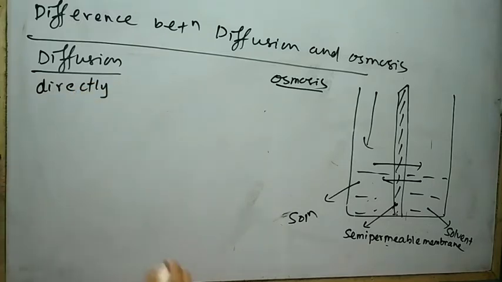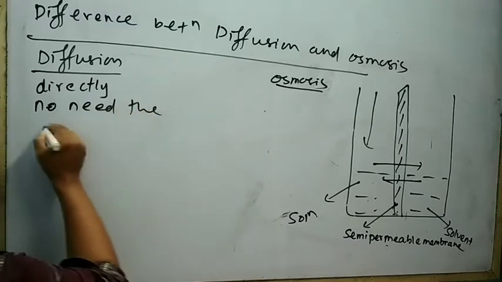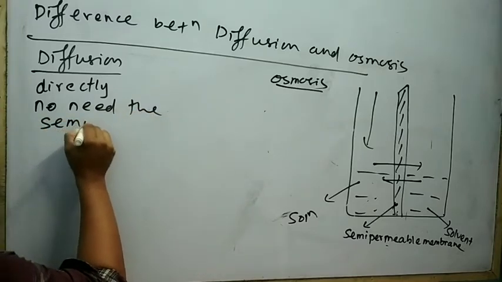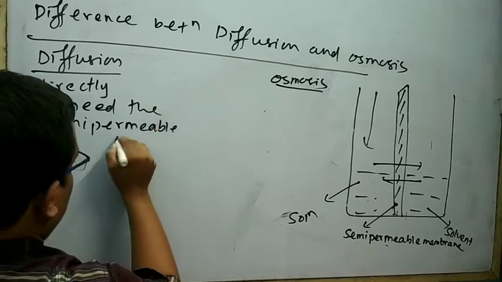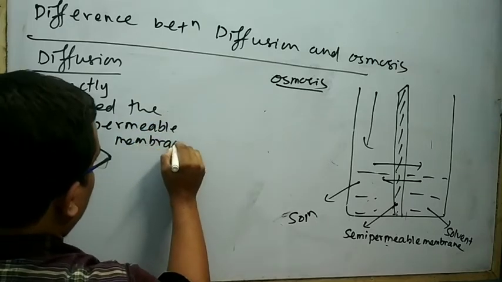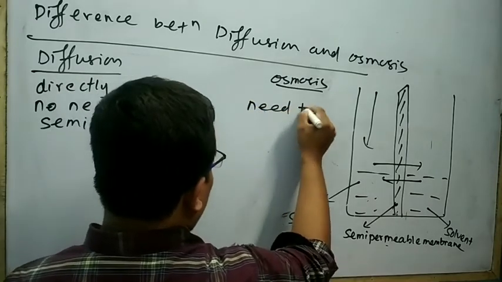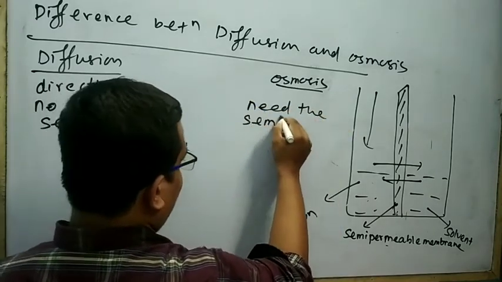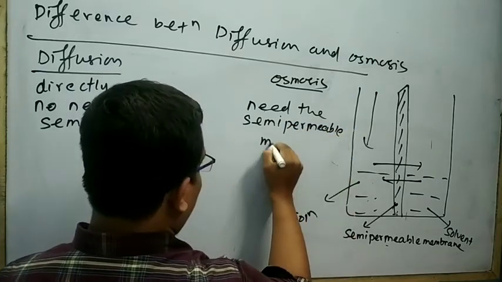It does not need the semi-permeable membrane. But osmosis needs the semi-permeable membrane.